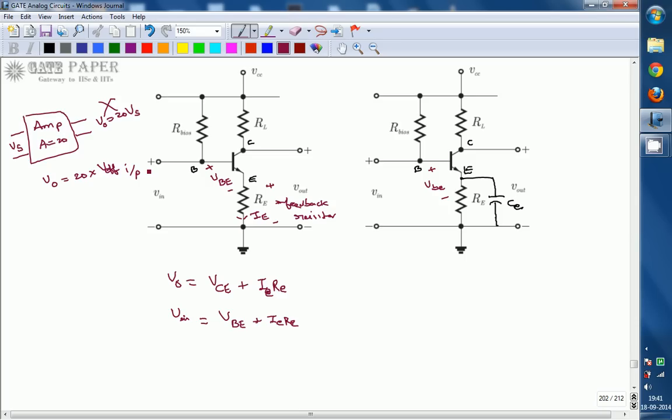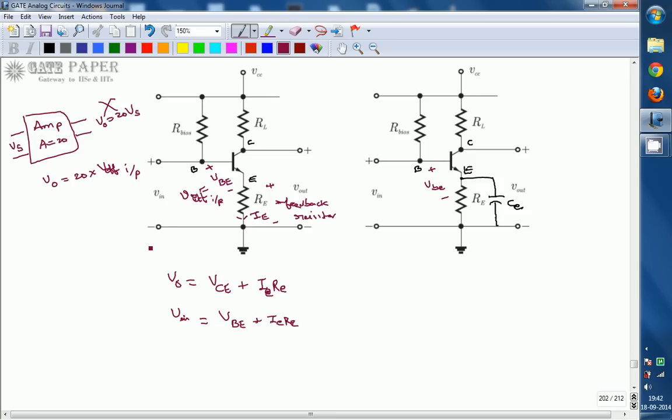So what is meant by this effective input signal? The effective input signal is the input signal appearing across base and emitter. So this is the effective input signal, VI. The voltage across base and emitter will be amplified by the gain.